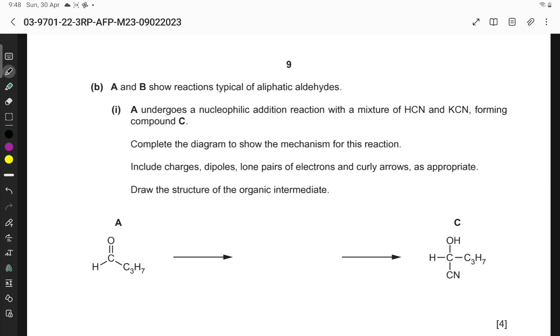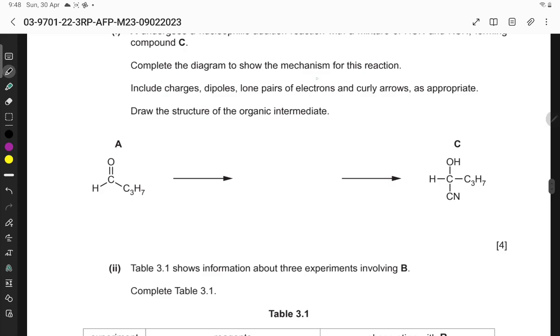A and B show reactions typical of aliphatic aldehydes. A undergoes a nucleophilic addition reaction with a mixture of HCN and KCN, forming compound C. Complete the diagram to show the mechanism for this reaction. Include charges, dipoles, lone pairs of electrons, and curly arrow.